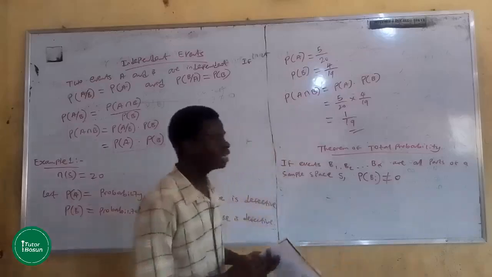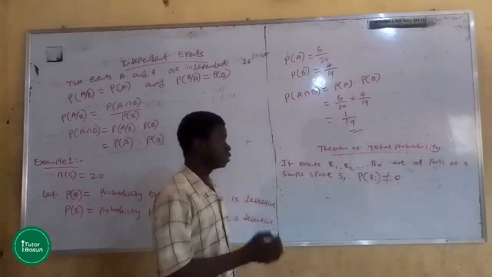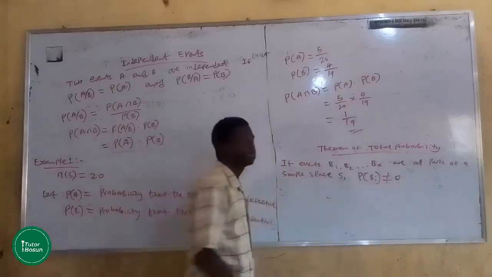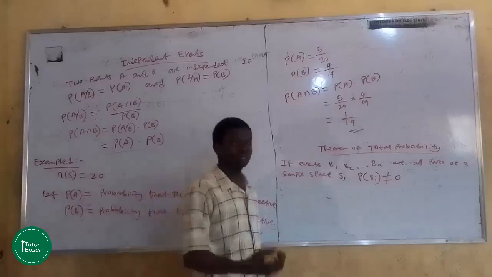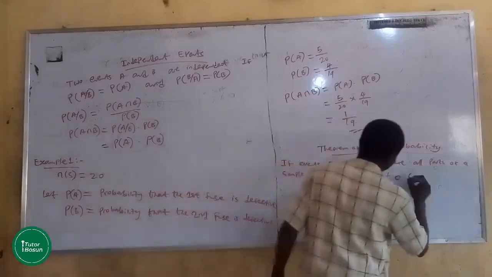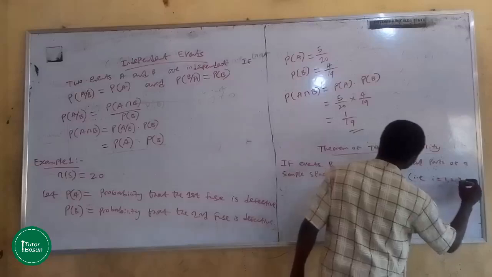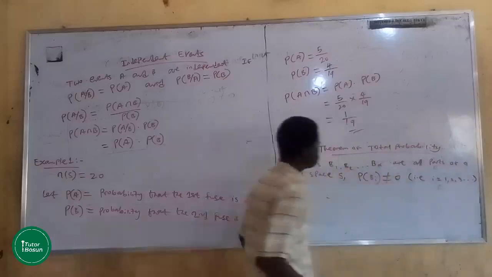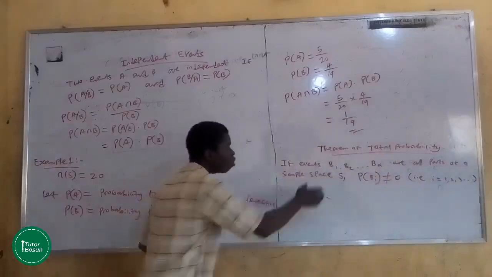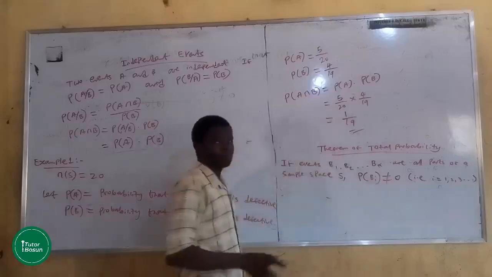What does that mean? Like we've done in the previous lesson, when we represent those things by i, what we are trying to say is that i can be 1, 2, 3, and so on. That is, the probability of each Bi is not equal to 0. That's the condition.